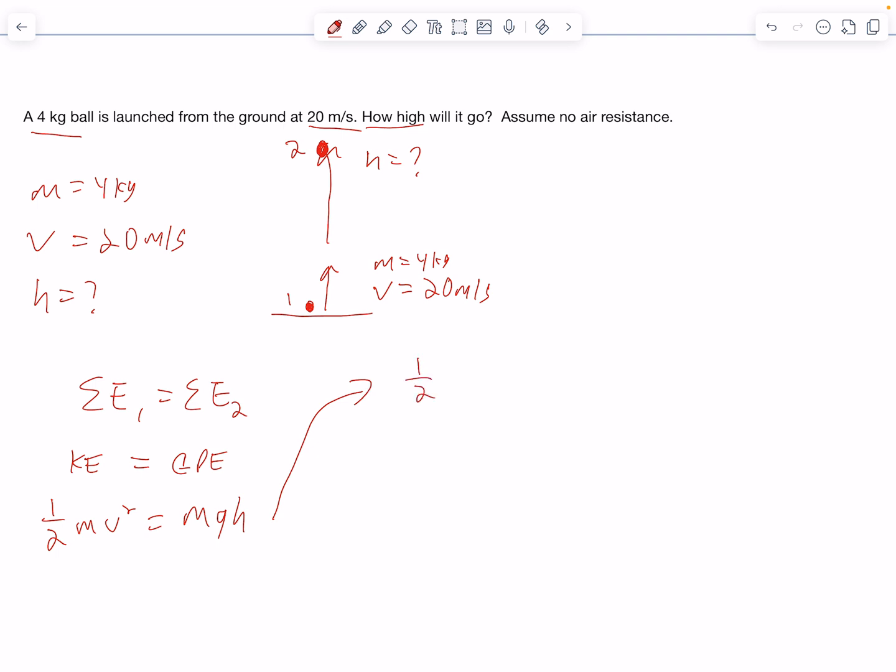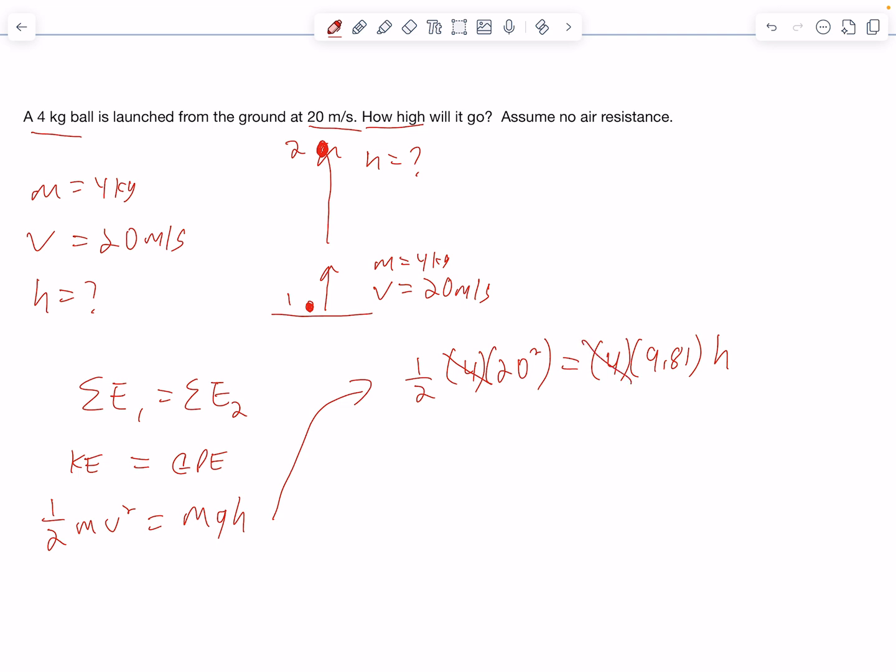So the reason I'm doing this, at the bottom, it has kinetic energy, and at the top, it has potential. So I would have 1/2 m v squared equals mass times gravity times height. All right, same trick as last time. I could multiply this all out, but I see a 4. So I'm going to cancel those 4s.